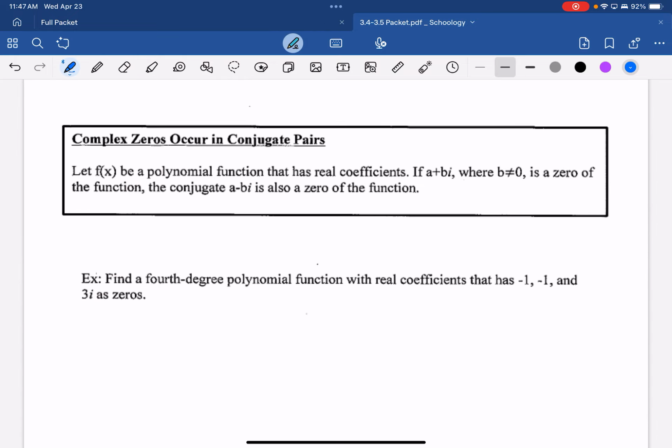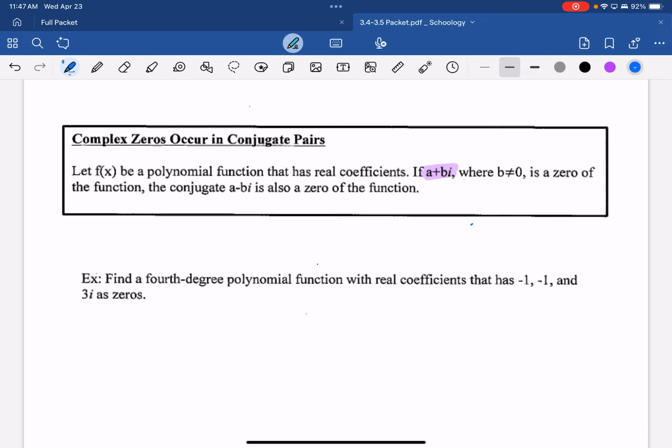Alright, last little bit. We'll see how far we get. We might have to finish this up when you guys come back in from lunch, okay? Complex zeros occur in conjugate pairs. We've seen all these words before. It's been a minute. But just to make it simpler, all that means is if I have a complex number where I've got an i in it, and it occurs as a 0, the opposite also has to be there.